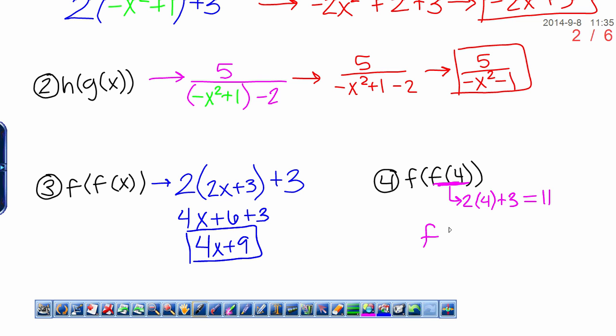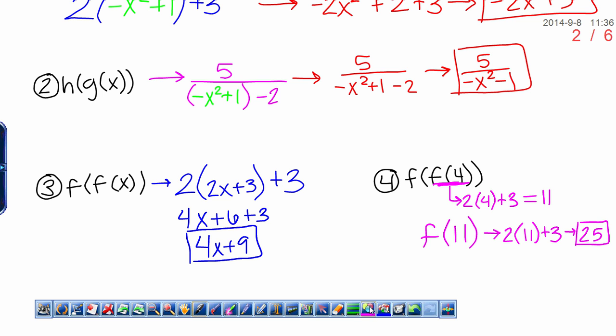So now we really want f of 11. Do y'all see that? So let's see what f of 11 is. 2 times 11 plus 3, which gives me 25. Everyone okay with that way? You start by working on the inside and getting that value, and then plugging it into your other function.